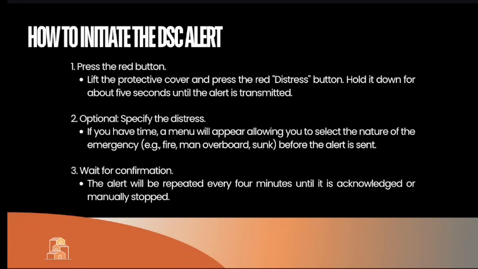And then you have the option to specify the nature of your distress. Again, if you have time, you can select specifically the nature of your emergency. It can be fire, man overboard, sinking, and there are others, before the alert is sent.